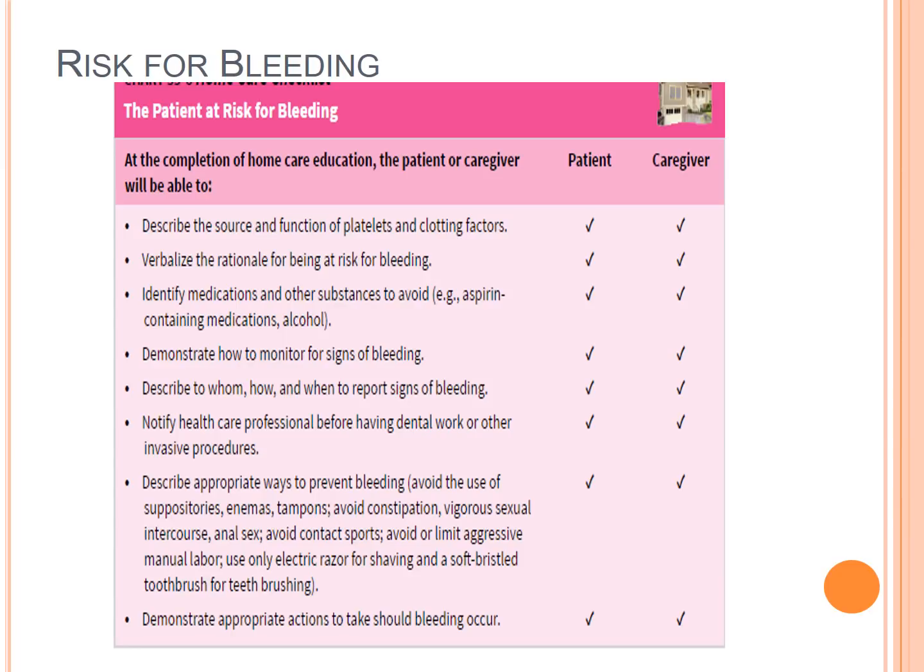Maybe they notice that their eyes look more bloodshot than normal, or their gums are bleeding when they brush their teeth. They notice this rash all over their body that's little tiny red dots, like petechiae. So these sort of things patients should be educated about, so that they know how to monitor for signs and symptoms of abnormal clotting process.